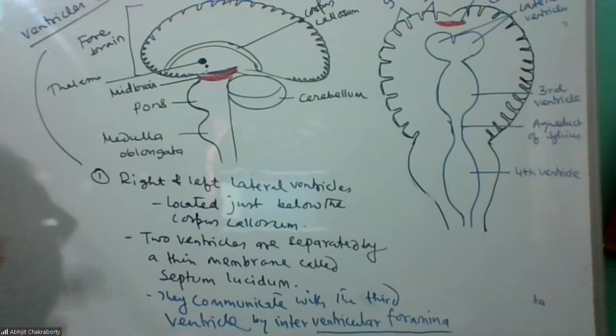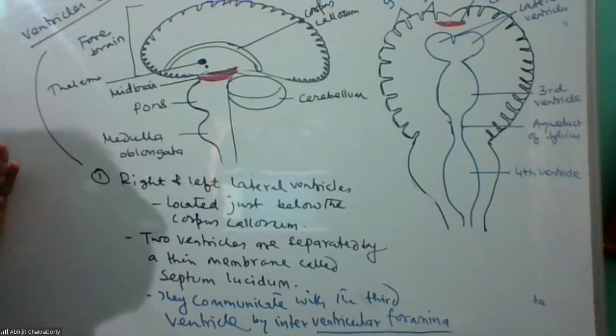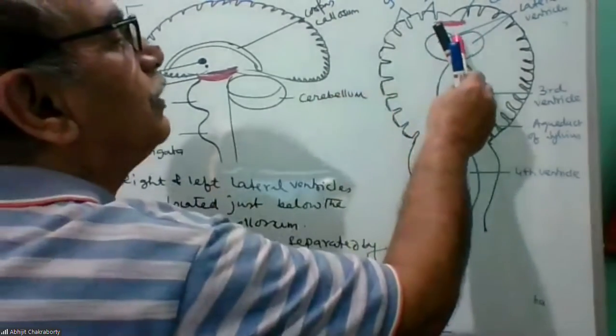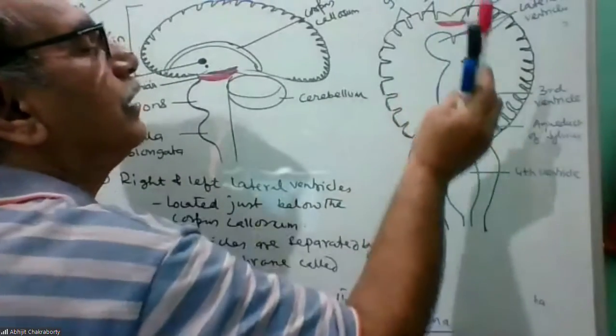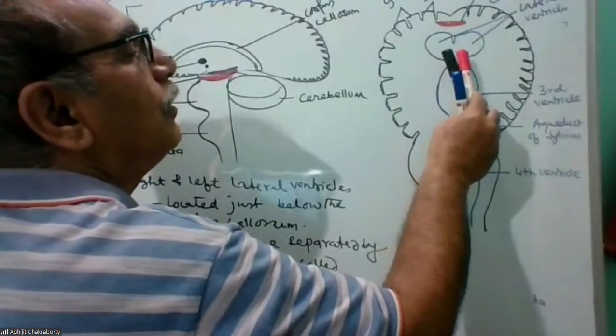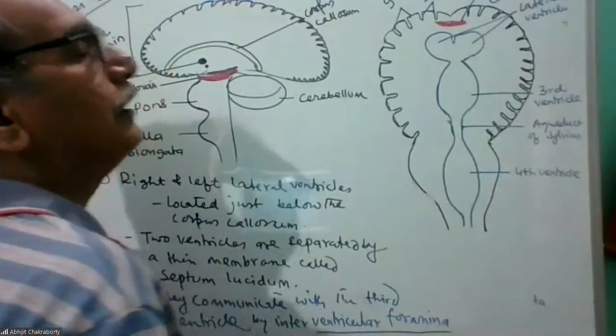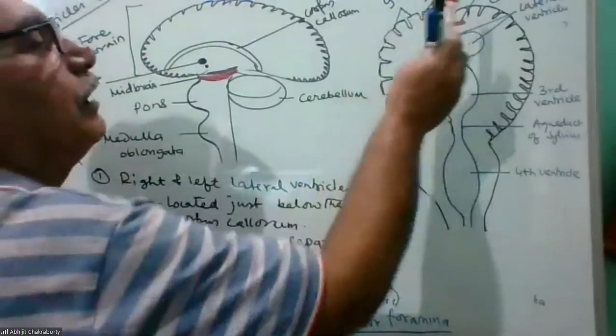This is about the right and left lateral ventricles. Clear? Look, this is the right and left. This is called the septum lucidum. Here you will get the corpus callosum. This aperture is called interventricular foramina, located just below the corpus callosum.